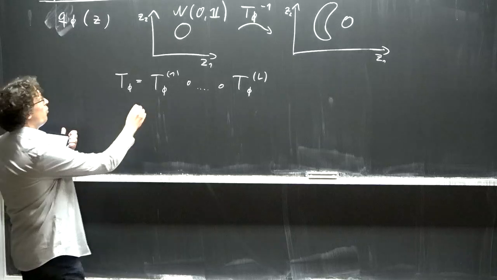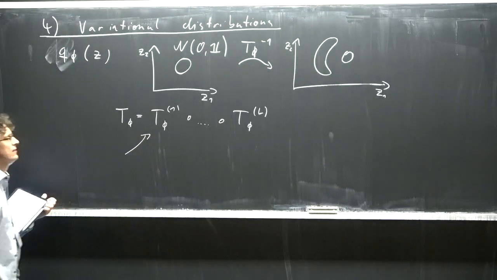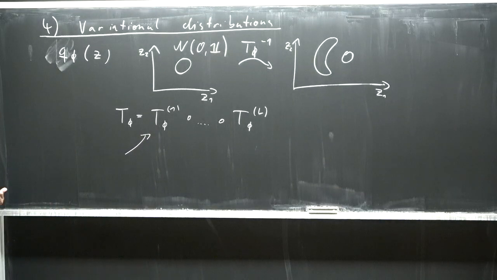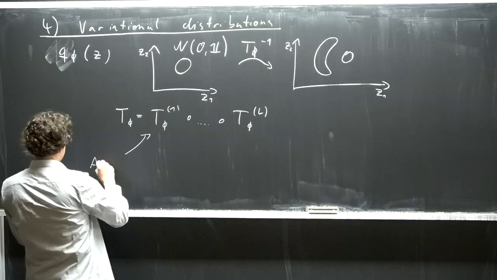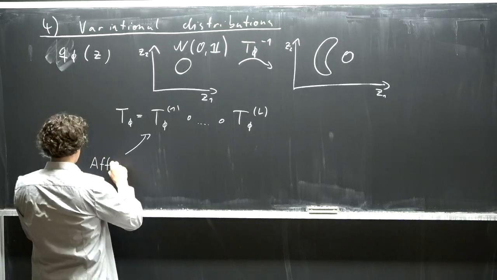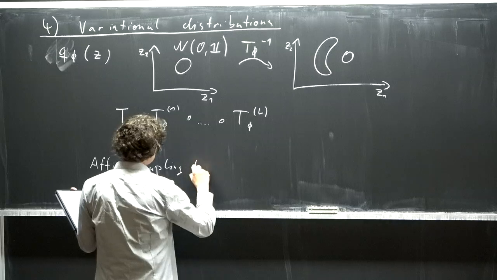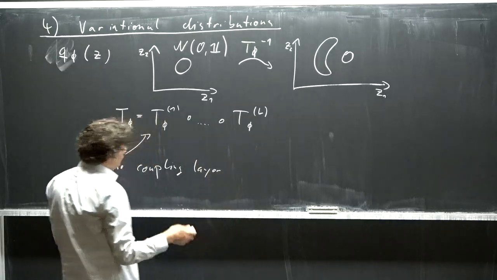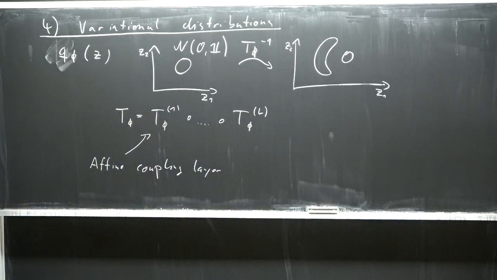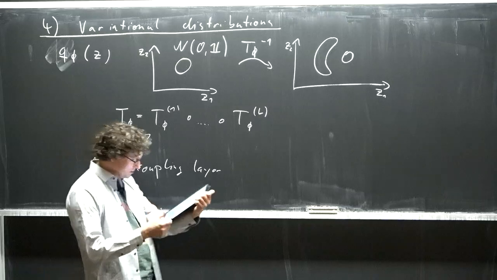One of the constructions that is very popular is what's called an affine coupling layer. What I'm going to describe will sound very specific, but it's actually an underlying trick that underlies many algorithms, and you will see how it works in a second.